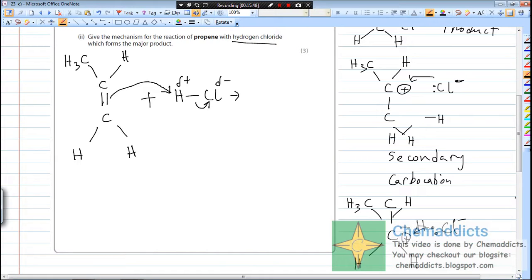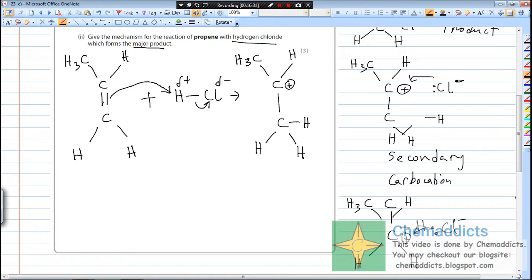Okay. So now let us draw the carbocation from which we can find the major product. So this should be the secondary carbocation. At first let us draw the structure for the secondary carbocation. This is an alkyl group, methyl group. This is H, C, then in here this is H. So here we have the secondary carbocation.